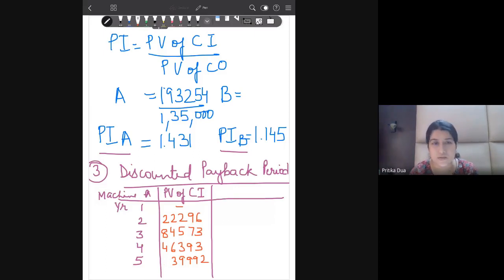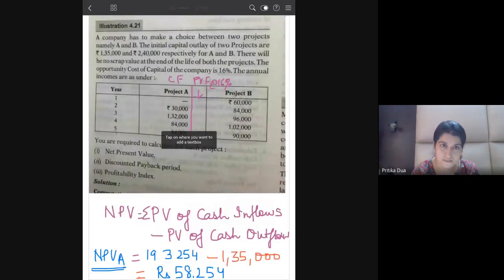This is the question. So can I move to the next page?